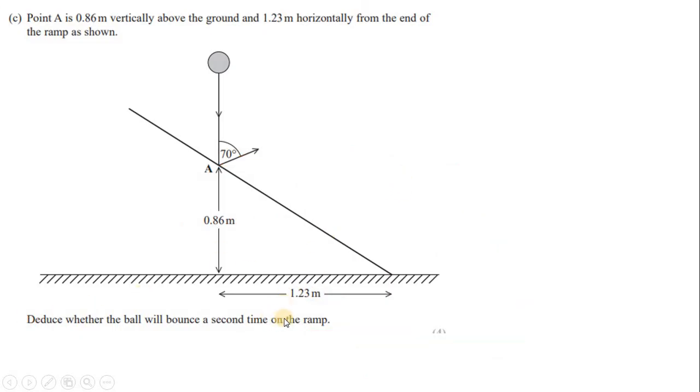And how do we find the distance? It's all about projectile. So remember, for horizontal distance we will have to use s = ut, where s is the distance to be found, u is the horizontal velocity, which we found in the previous part, 3.4 sin 70.